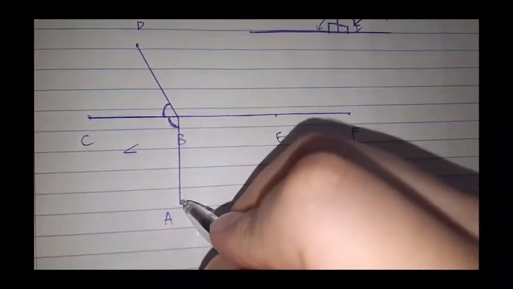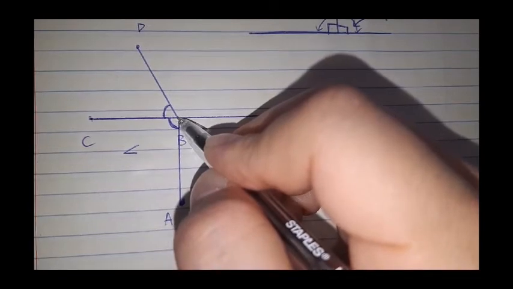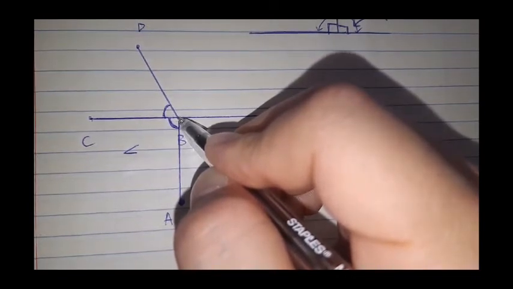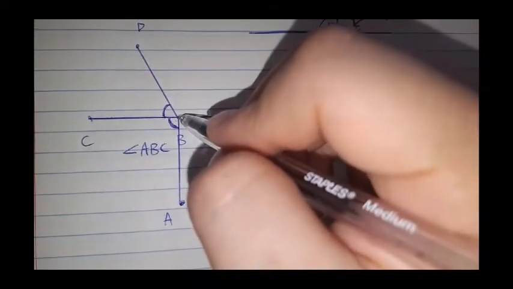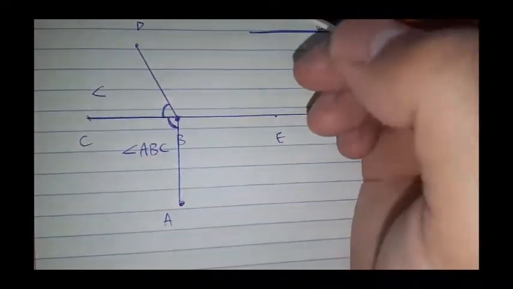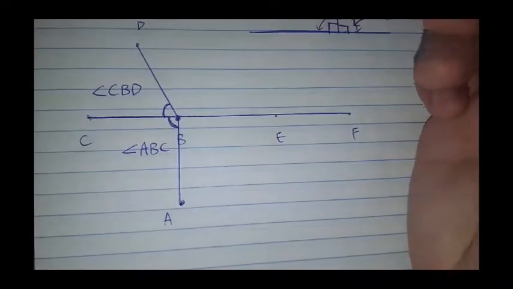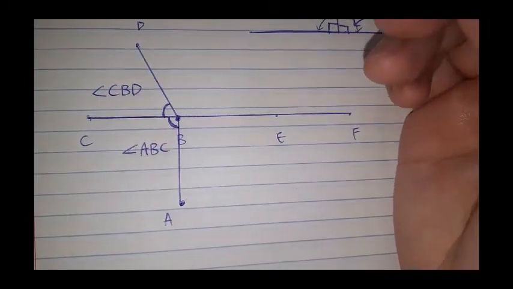What I mean by that is where it starts: one end of the line, then the middle or intersection point that embeds the angle, and wherever the other line goes through. So we call this angle ABC. If I try to indicate this angle over here, I should use CBD. Some people say, Mr. King, can I put D, B, C? That is perfectly fine too.